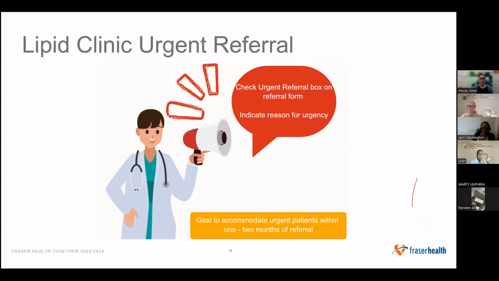Again, please indicate what the reason is. That will alert us at the initial receival of the referral that it is urgent, and we will do our best to get clients in within 1 to 2 months.